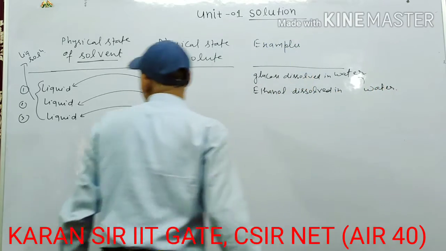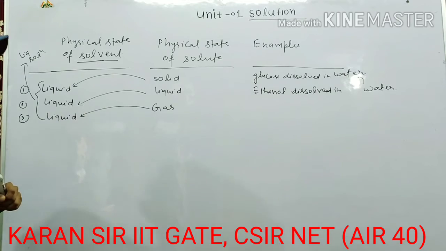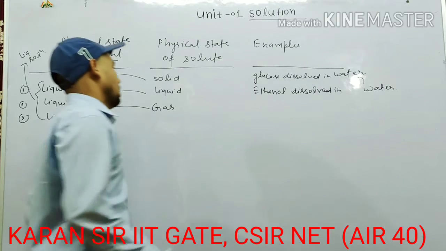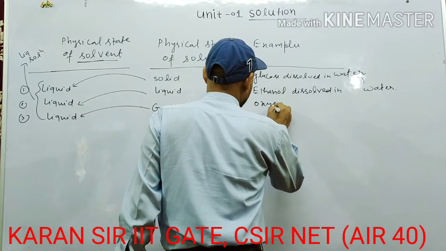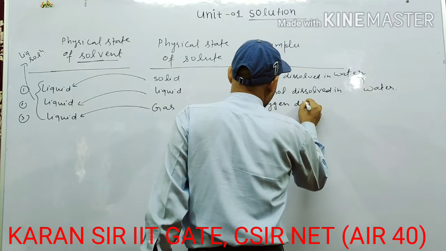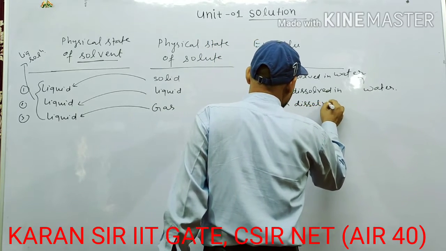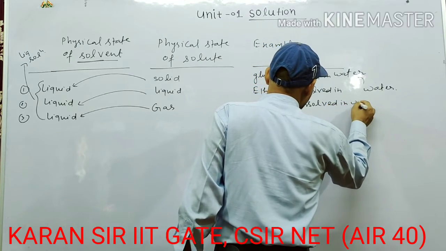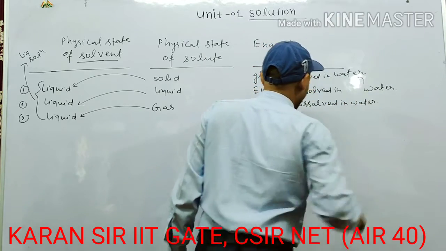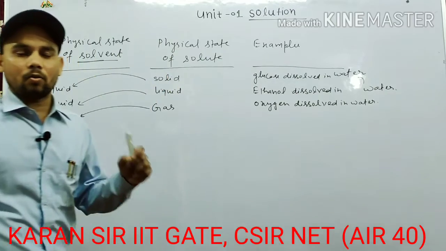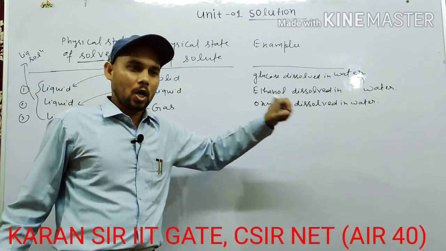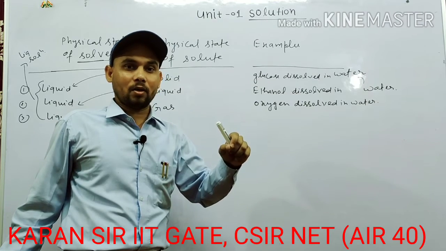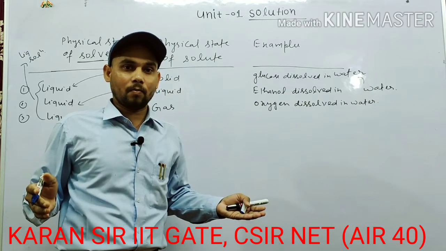Gas in liquid, that is there may be any gas. Oxygen dissolved in water. You know, aquatic animals survive due to the presence of oxygen in the water. Understand? Actually, oxygen is dissolved in the water. That's why they are surviving in the water.